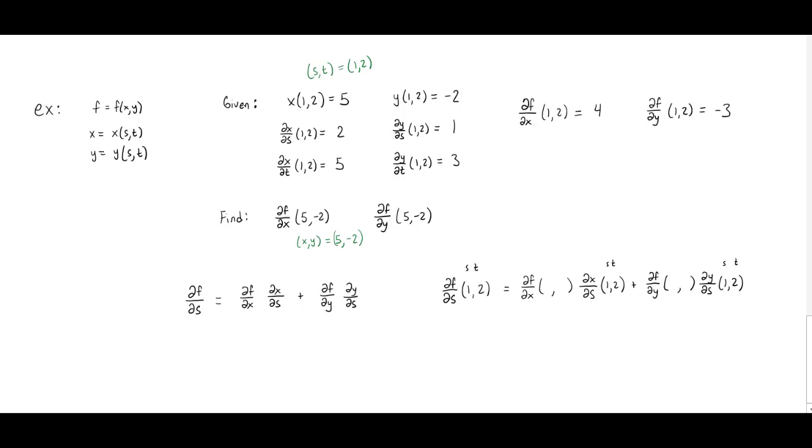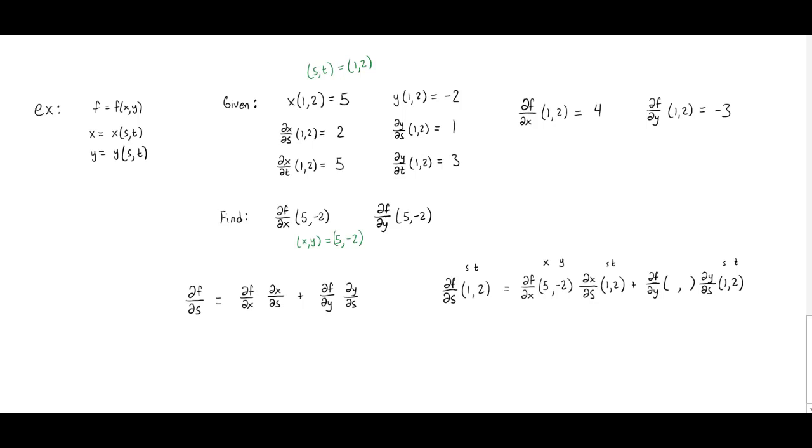So what I need to do is make sure I'm not plugging in my values of s and t, but my values of x and y. The idea was when s and t are 1 and 2, we know that x is equal to 5, and we know that y is equal to negative 2. So for my x and y, I need to plug in the point 5, negative 2.